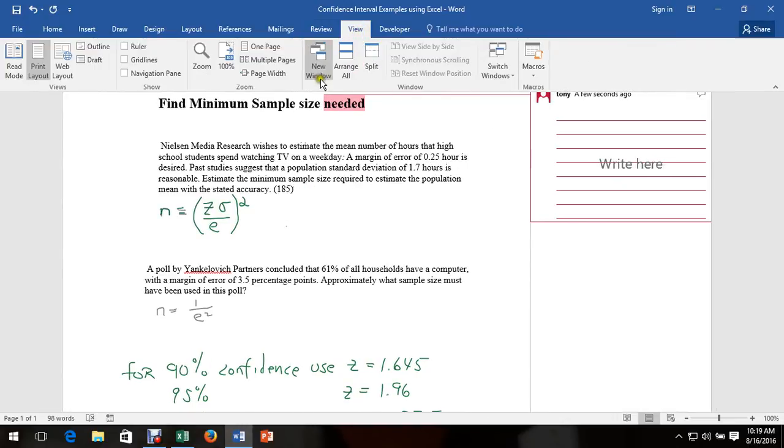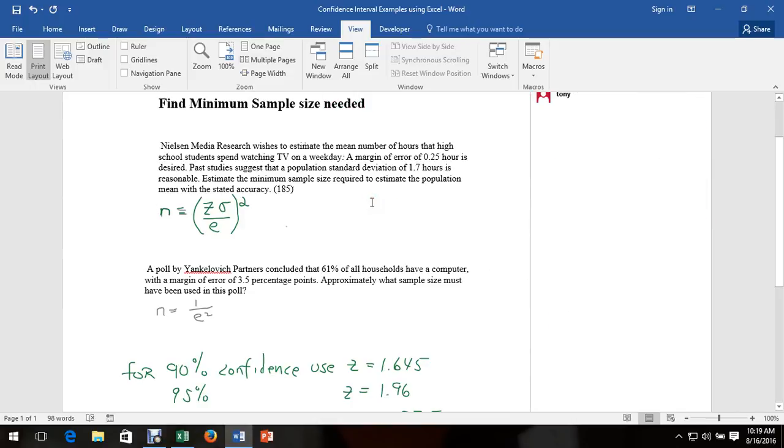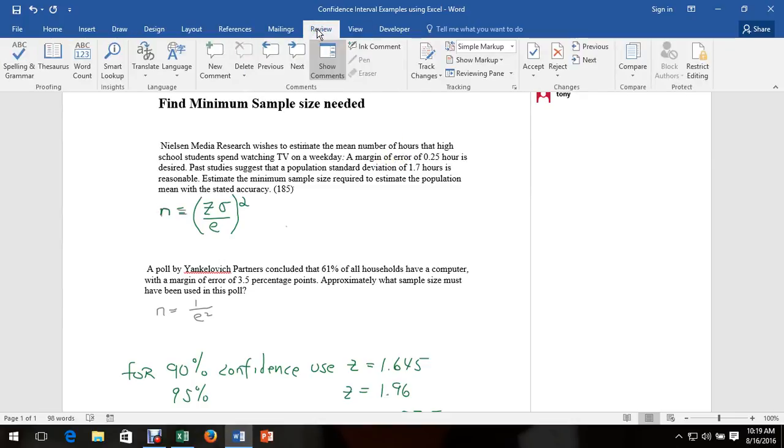In this case, we're going to look at this problem, and it says that Nielsen wants to estimate the mean number of hours, the average number of hours that high school students spend watching TV. And they know that they're willing to accept a margin of error of a quarter of an hour, 0.25 hours.